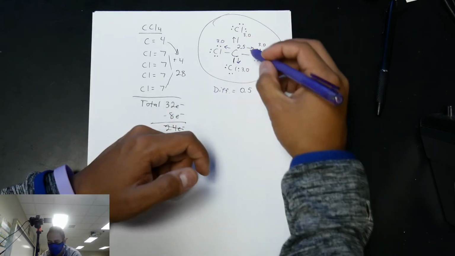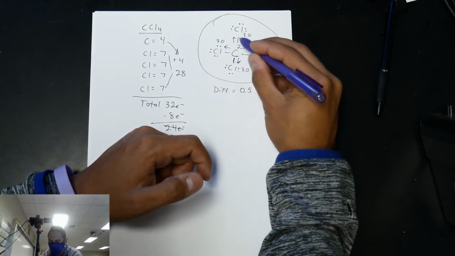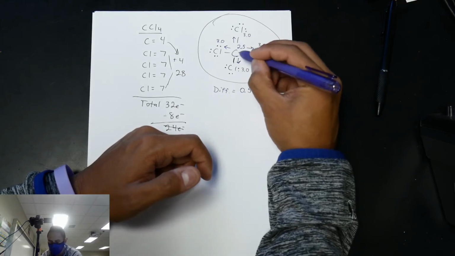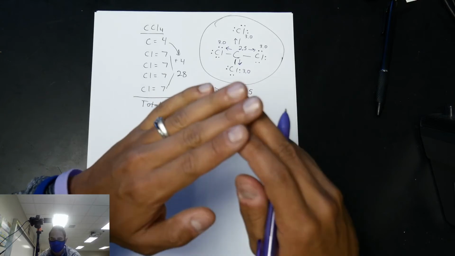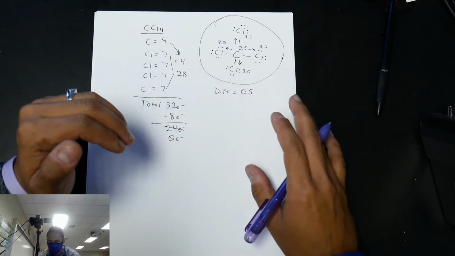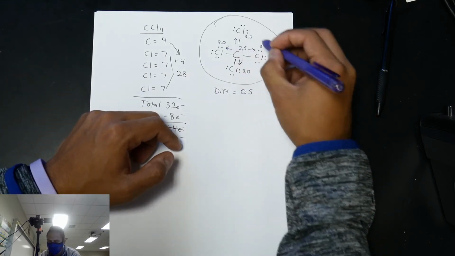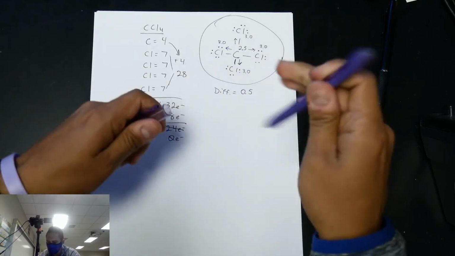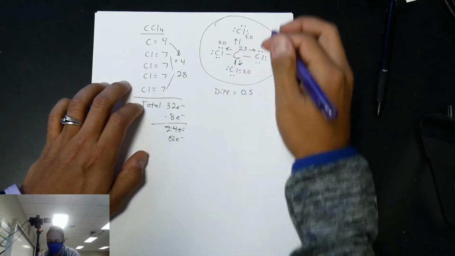So even though they're all pulling away from the carbon, they're all essentially also pulling from each other, which ultimately will make it so that none of them are going to pull the electrons closer to itself.